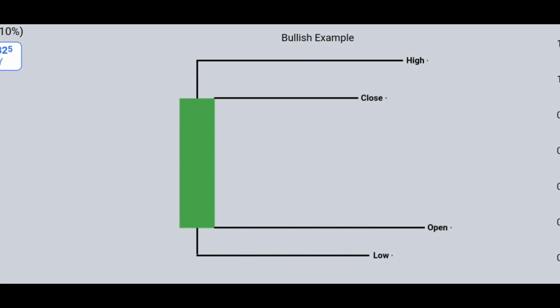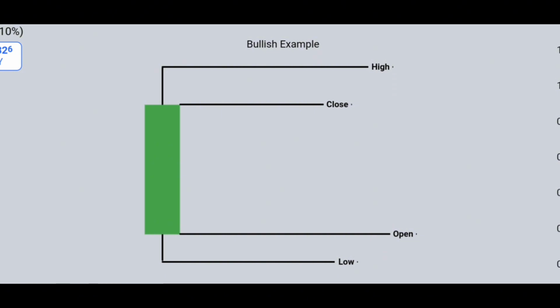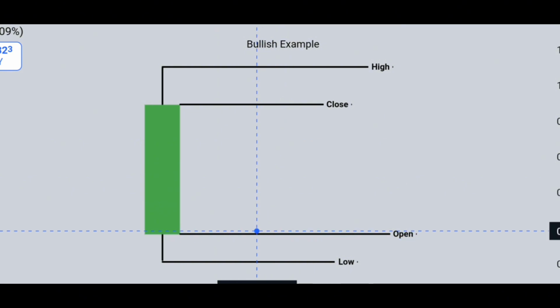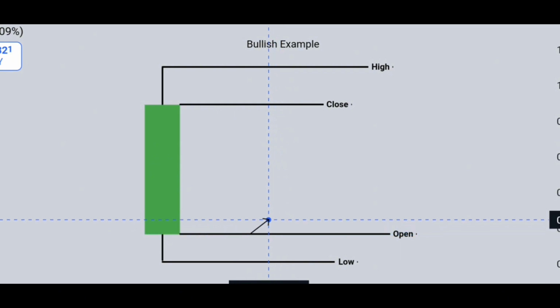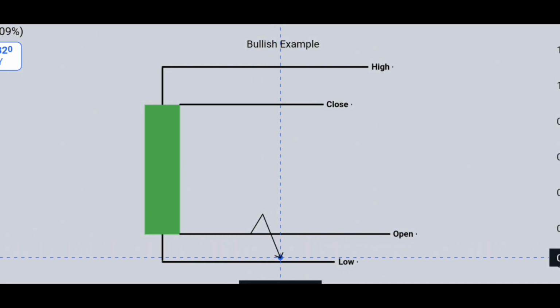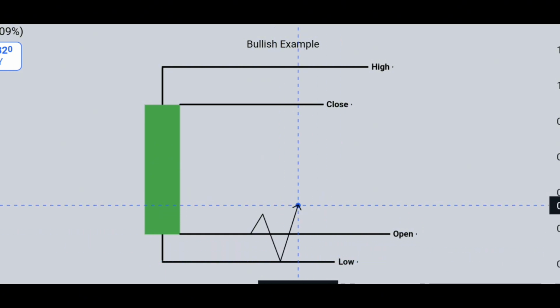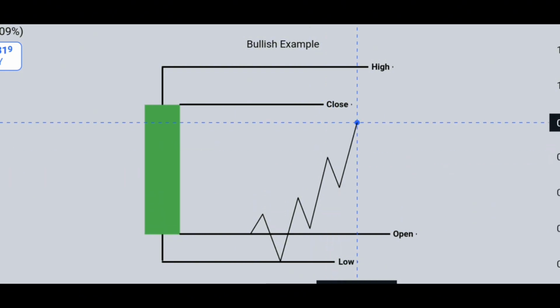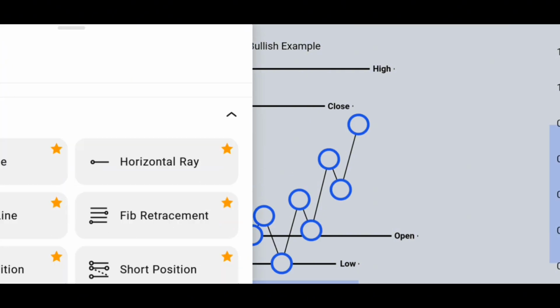So let's look at method 1. This is a bullish example, guys, remember. So for method 1, we all see price coming here, then it drops, it forms a low, starts buying just like this.